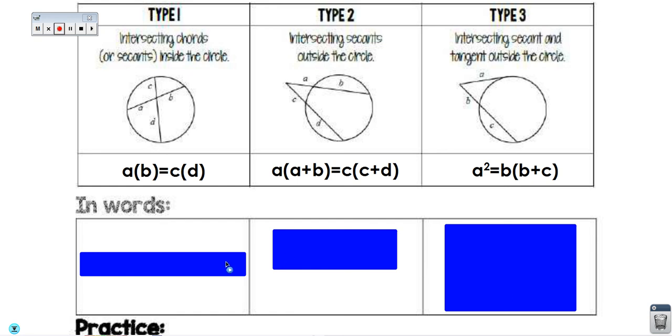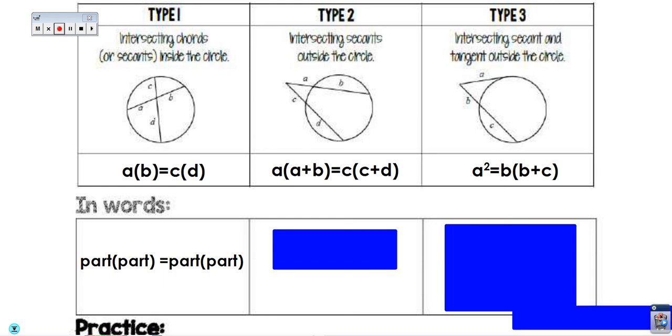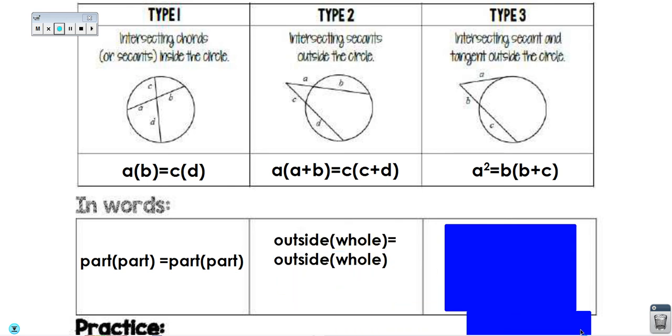I wrote it out in words for you all so that hopefully we can remember it. In type 1, you're doing part times part equals part times part. In type 2, you're doing outside times whole equals outside times whole.